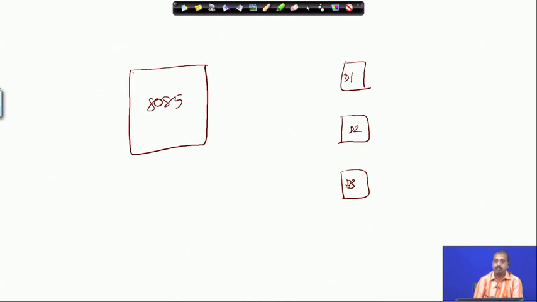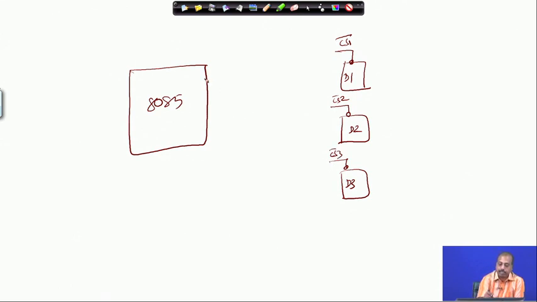Each device will have some address, and that address is identified by some sort of chip select signal. So, chip select signals CS bar 1, CS bar 2, CS bar 3 can be there.